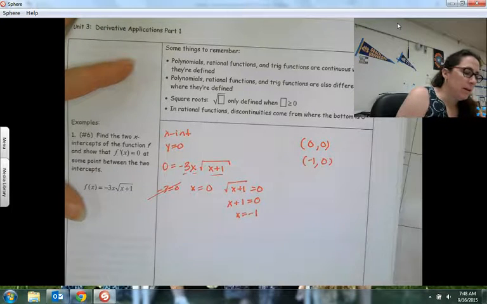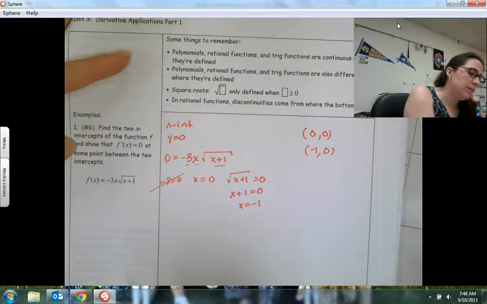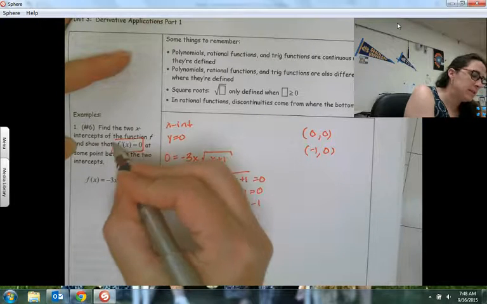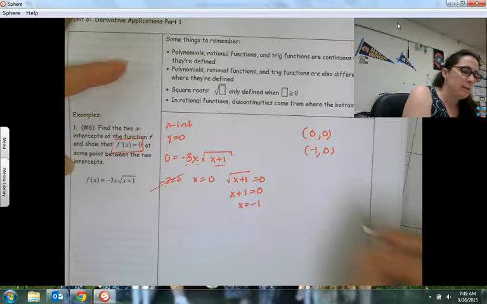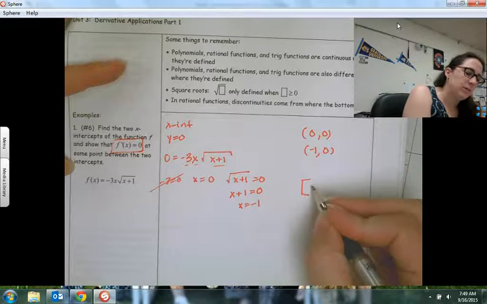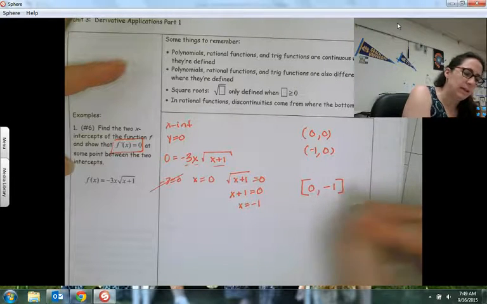So it says, show that f prime of x equals 0 at some point between the two x-intercepts. So basically I have my interval from 0 to -1 that I am talking about.